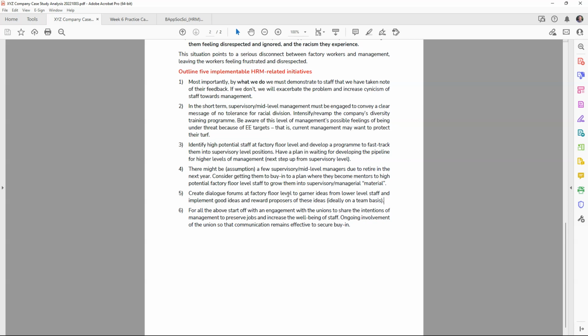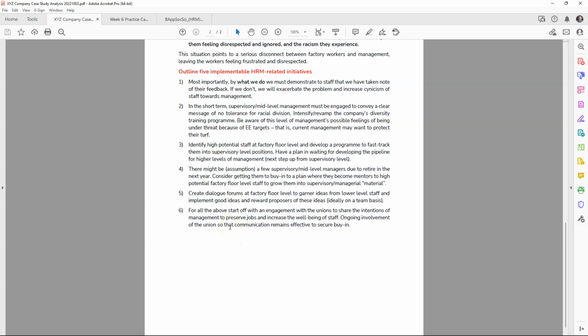Through getting those ideas, you could increase the efficiency and effectiveness of methods, and then reward that on a team basis, ideally, for good ideas. So this is actually practical. If people are given these dialogue forums, and action is taken based on the feedback, people start feeling that they have control, that they've got some input in their environment. So that's just some idea around that.